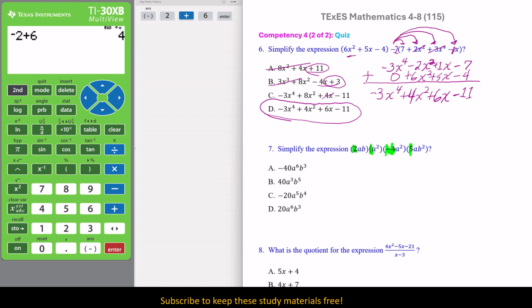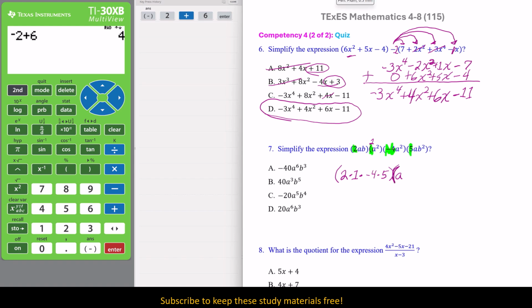This is going to look like 2 times 1, because there is a 1 in front of the a squared, times -4, and then times the 5. And then we're going to look at our a, and a.